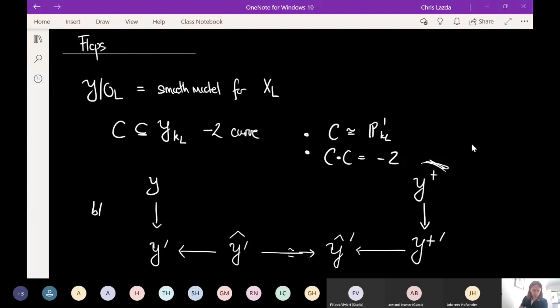I first blow down this -2 curve C. This gives me something that's going to have a quadratic singularity, let's say P, at the image of this blow down curve C, because of the -2 here.